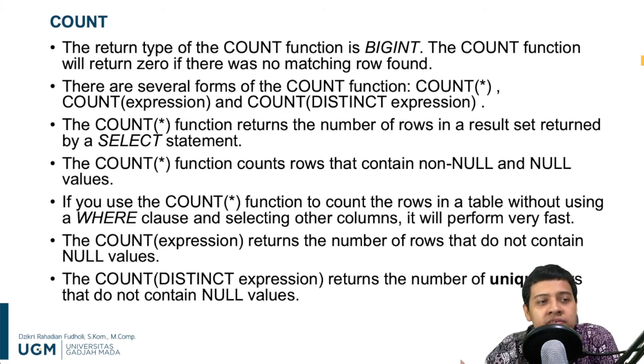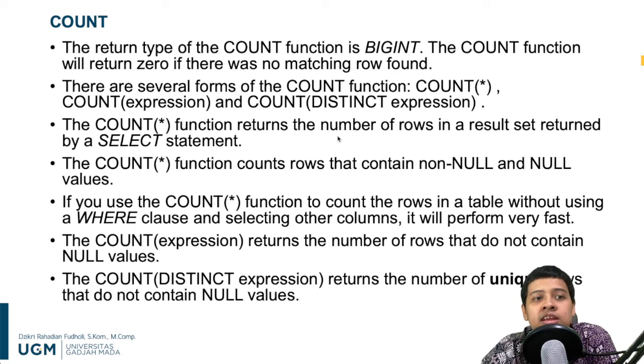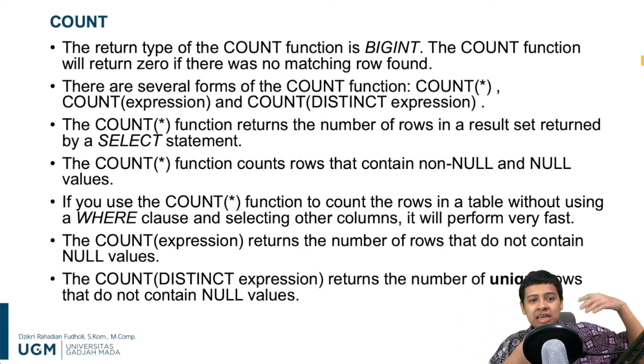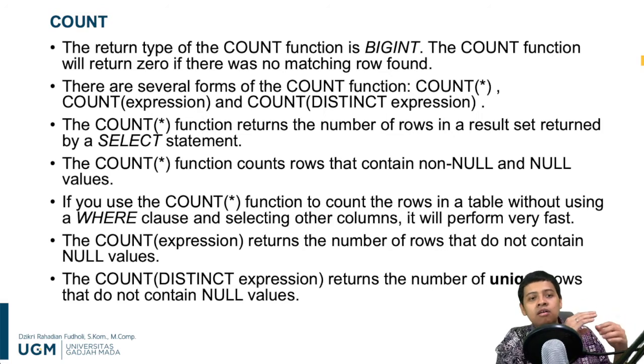Next, there are several forms of the count function. We have count star to count all of the rows, we have count expression, and then we have count distinct expression. We have 3 types of this. Now, the count star function returns the number of rows in a result set returned by the select statement. So if we have select count star from table without a where clause, it will just return the number of rows in this table.